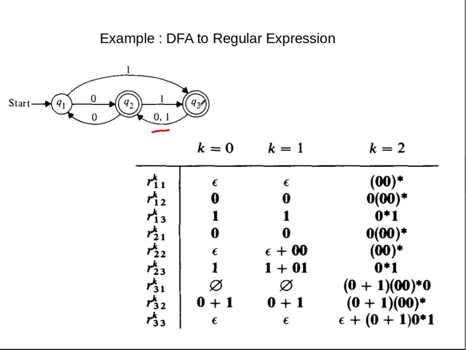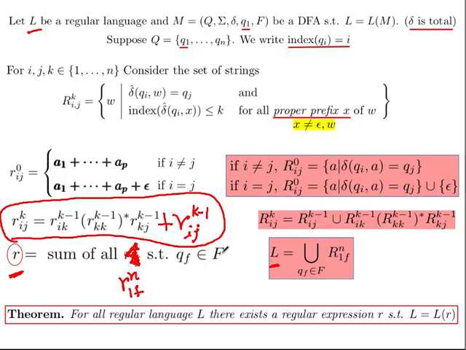You cannot go from Q3 to Q1; there is no string which can, not even epsilon, so that is phi. I should also mention that for i equal to j this set cannot be empty because you always have epsilon, but if the set of symbols is empty, then you can have phi also.